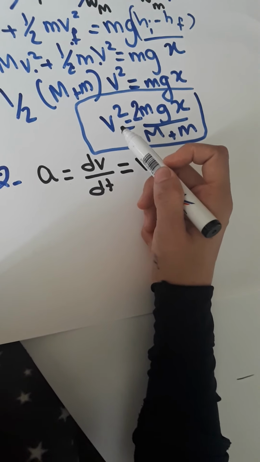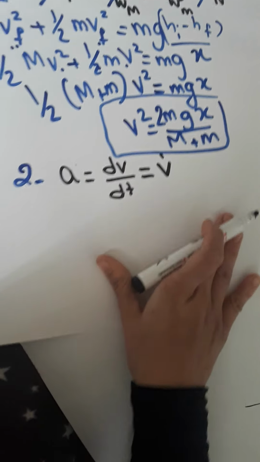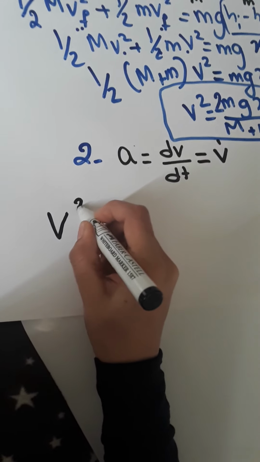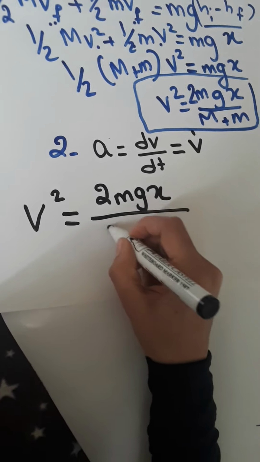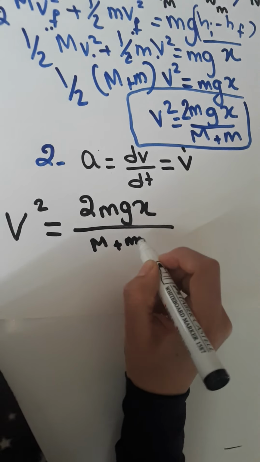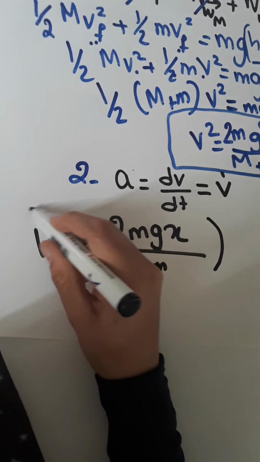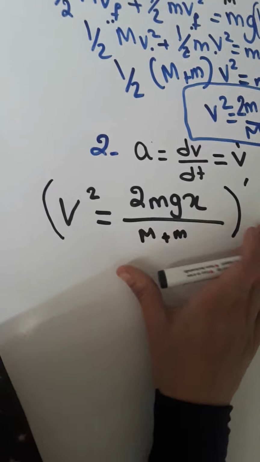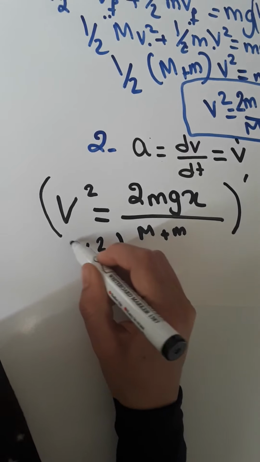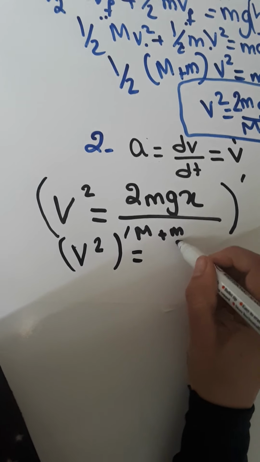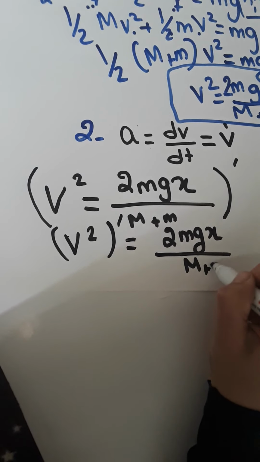I'll derive it with respect to time because I want to deduce. The relation I got from the previous part is v squared equals 2mgx over M plus m. I just derive all of this with respect to time, so v squared prime equals 2mgx over M plus m prime.